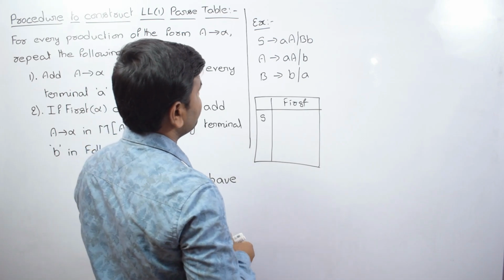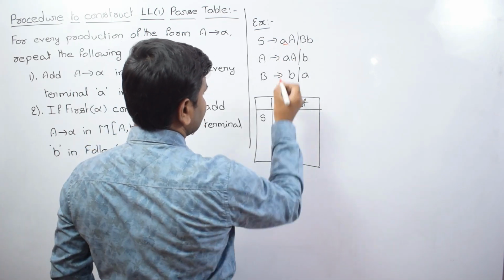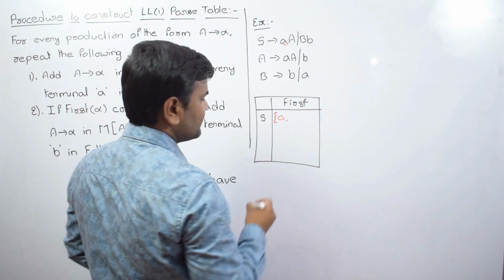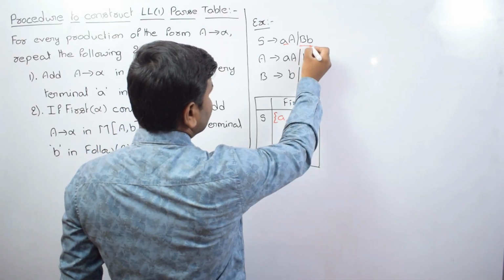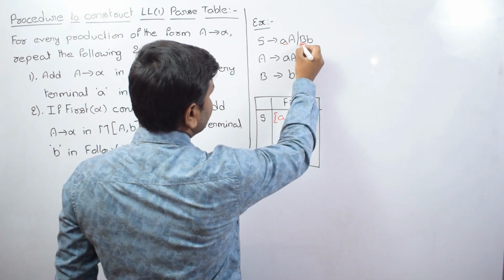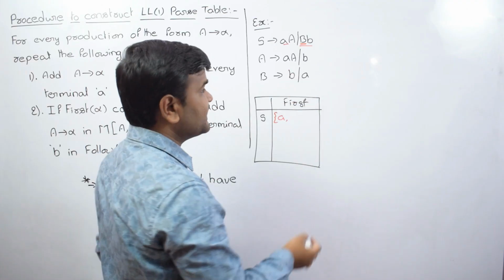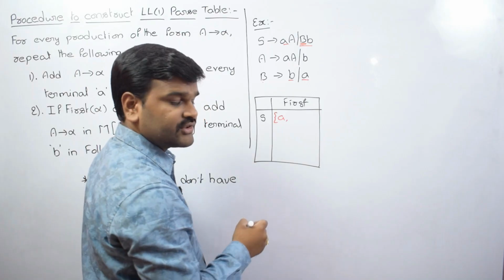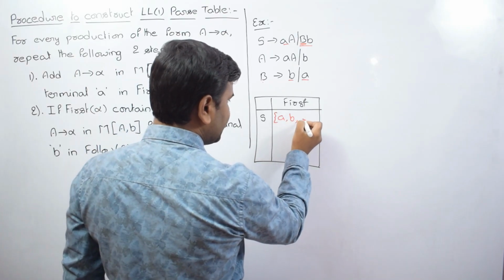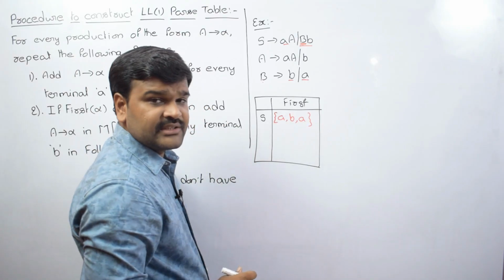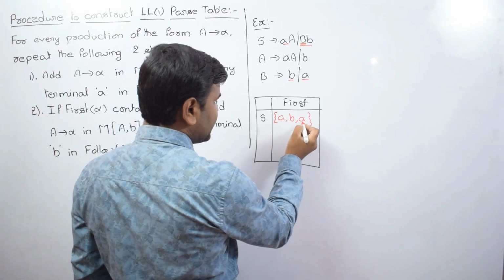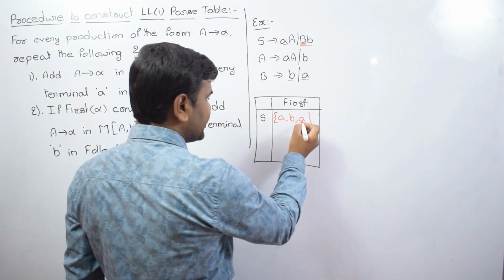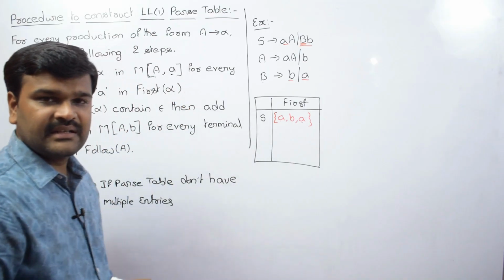So FIRST of S from this production, this is A. Then from this production, the first symbol is actually B. That means FIRST of B is what? B and A. So you have to add here, B and A. Sometimes the same terminal may come again, and at that time you have to write it down.